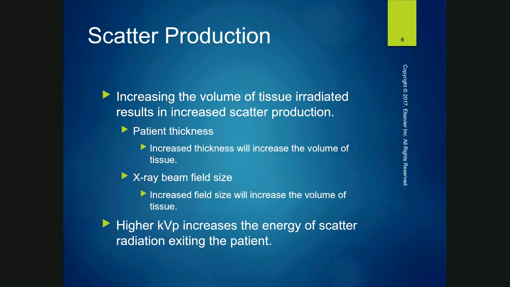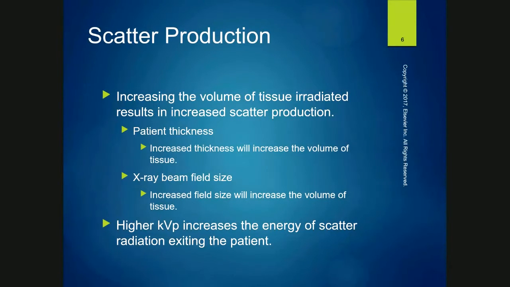So that being said, thinking about your patient, that means you're either going to be dealing with patient thicknesses that are increased. If you're increasing the volume, it would be like a thicker part compared to another part, or you can be thinking about an increase in the area that is irradiated. When we talk about that, we're thinking about your field size, your collimation.